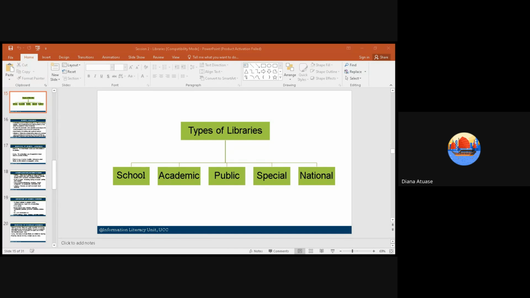And the public library is set up by the Ghana Library Authority. So you have the big libraries, you have librarians that are managing those libraries.